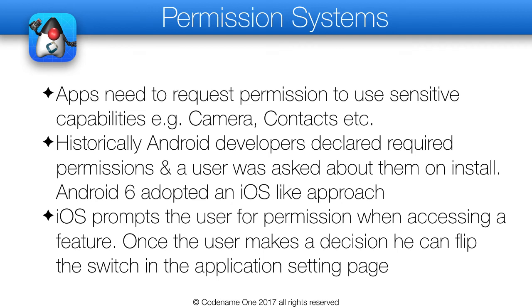So for instance, when we open a camera or contacts, the operating system asks the user, and that's the operating system that needs to ask it, not something that we're asking, whether the user wants to allow the app to do it. And that is a very transparent way to do it.